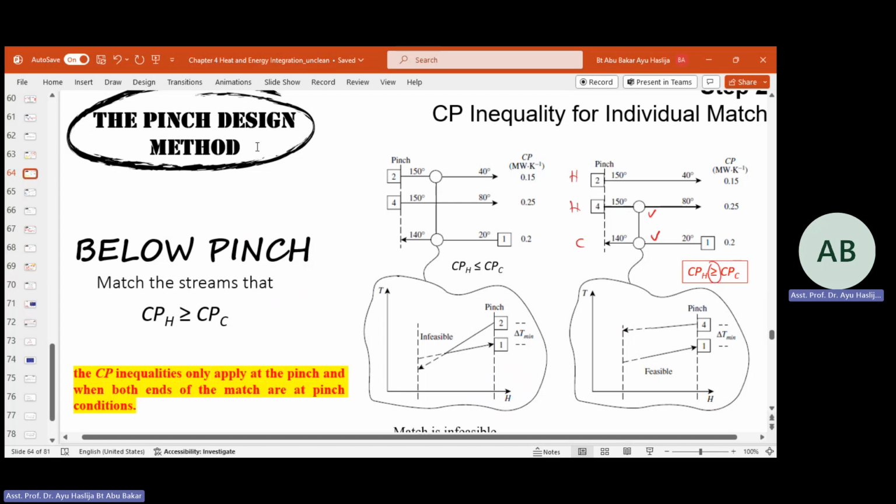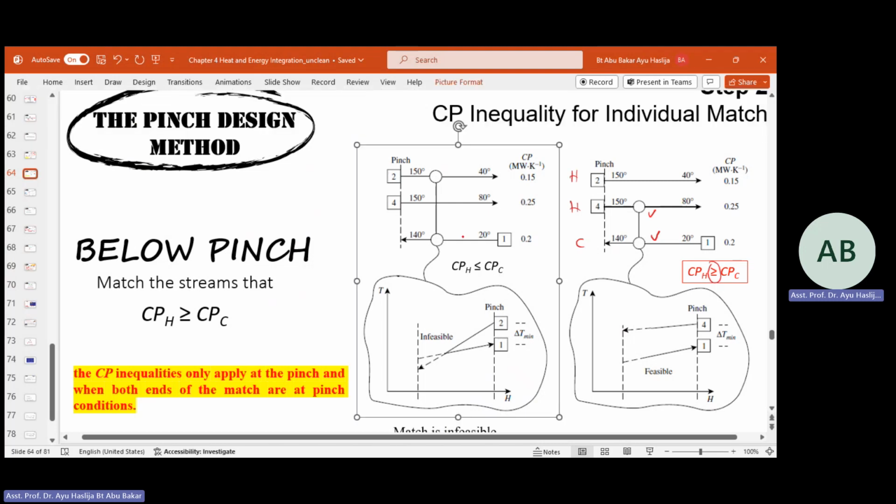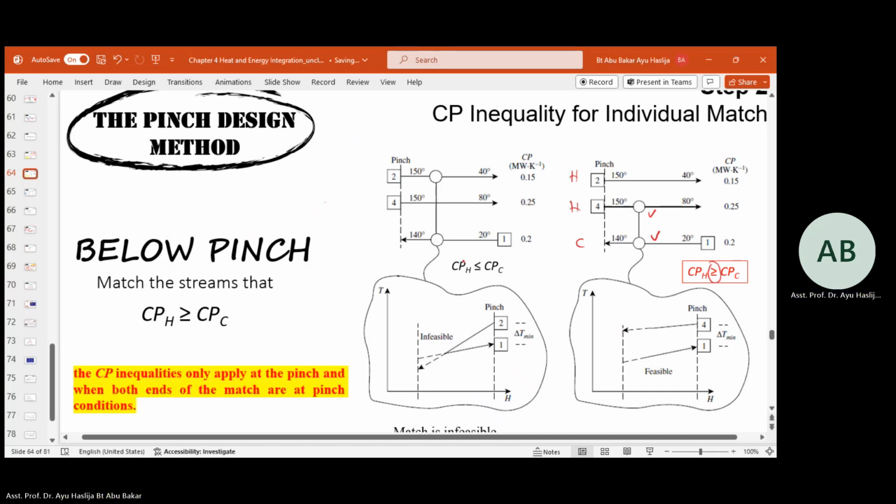For the below pinch, last time we had discussed that stream 2 and stream 1 is not feasible because of CPH not meeting the requirement of being larger than CPC.